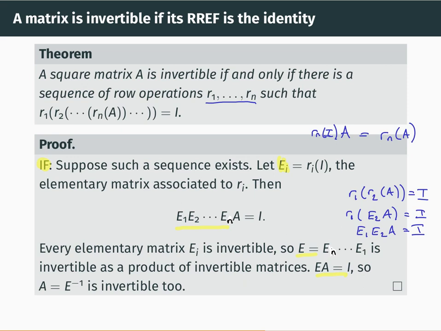So now multiplying that equation on the left by E inverse gives us that A is equal to E inverse. E was an invertible matrix, so E inverse is an invertible matrix, so A being equal to E inverse is also invertible. We've now shown that if there's a sequence of row operations which when you do them to A you get the identity, then A is invertible.